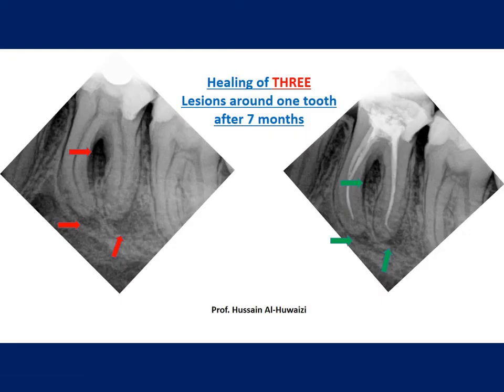This is one of my cases. You can see this bifurcation area. There's a bone loss, and just by endo treatment and periodontal curettage, you can see the start of the bone formation in the bifurcation area.